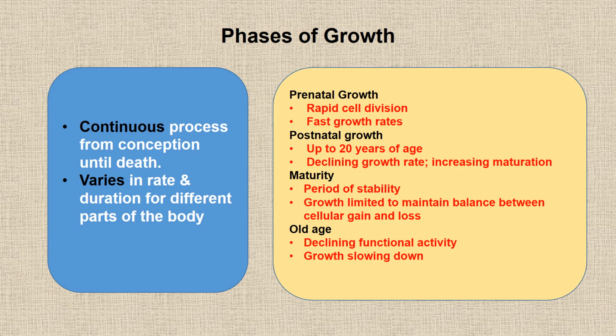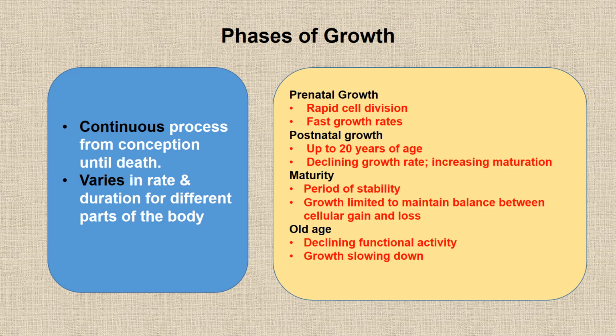Now, growth is a continuous process from the start of conception until death, but it varies in rate and duration for different parts of the body. Thus, we can visualize growth as occurring in phases. The prenatal growth involves rapid cell division and fast growth rates.